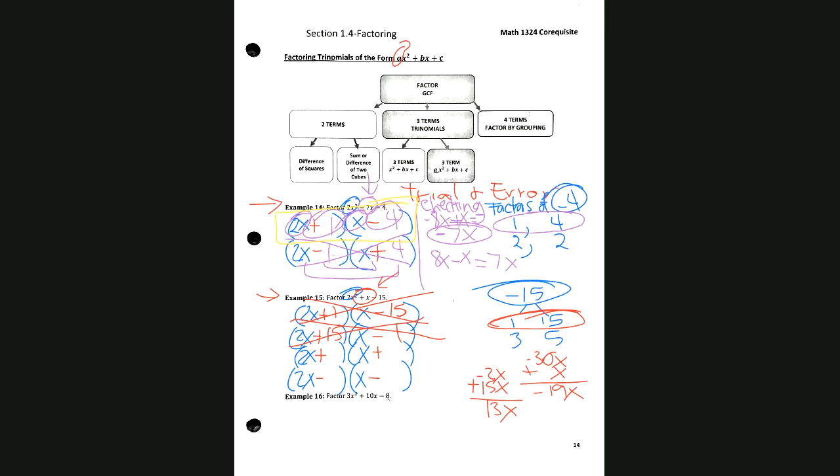Now, I'm kind of giving up on 1 and 15 because 15 is a large number, and I don't want to be getting coefficients such as this one here. So I'm going to try now with 3 and 5. I'm going to place my positive 3 here and, sorry, this should be negative actually.